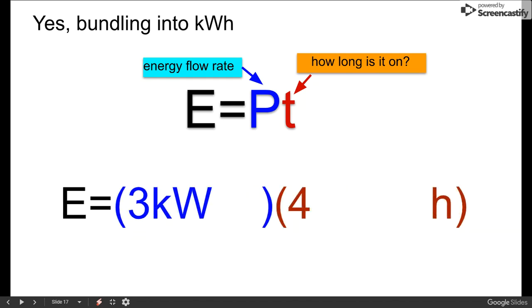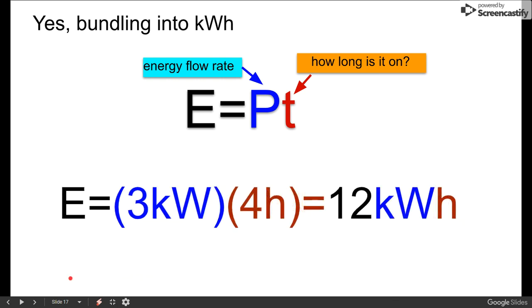So instead, we bundle the watts to kilowatts. $3,000 becomes 3 grand. 3,000 meters becomes 3 kilometers. 3,000 watts becomes 3 kilowatts. And the 4 hours, we just don't convert it to seconds. So we wind up with a total energy calculation of 12 kilowatt hours. And that is joules, but it's hidden because this is a joule per second multiplied by the time it is running.